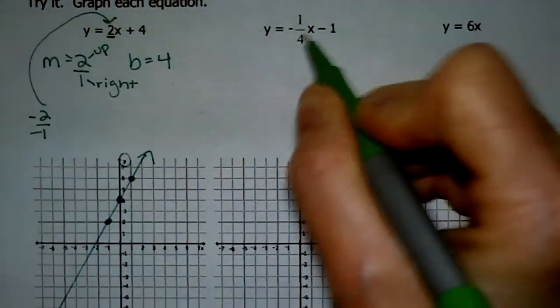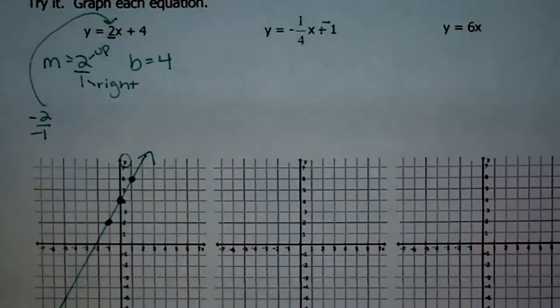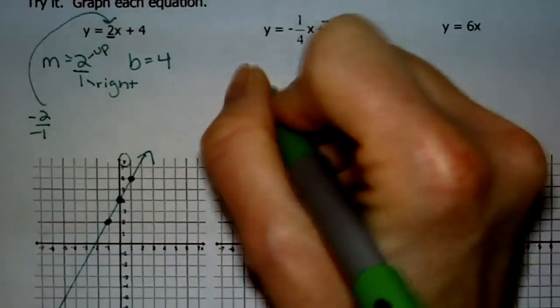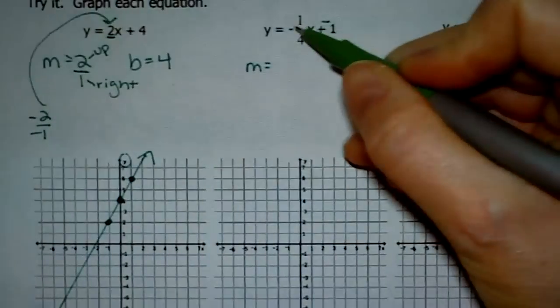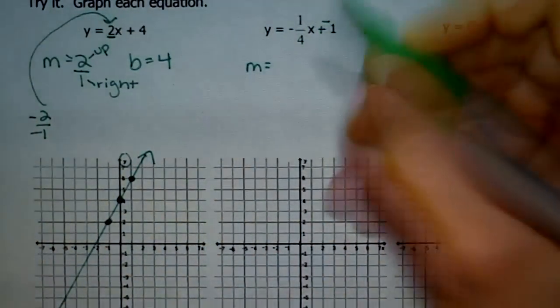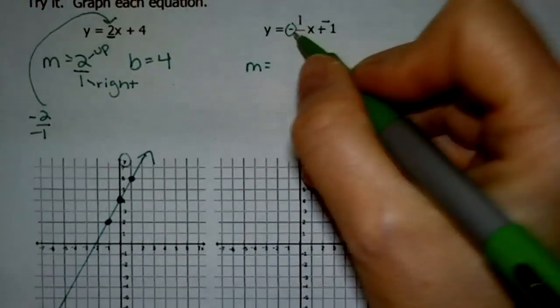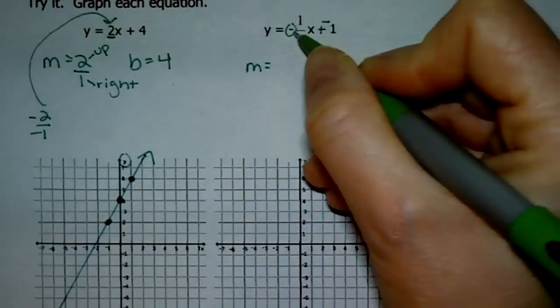Okay, I'm going to keep change. Step 1, I want us to identify the slope, the m. And when I look at the slope, I see that it's negative 1/4. If you see the negative sign in the middle, that means that either the 1 is negative or the 4 is negative.